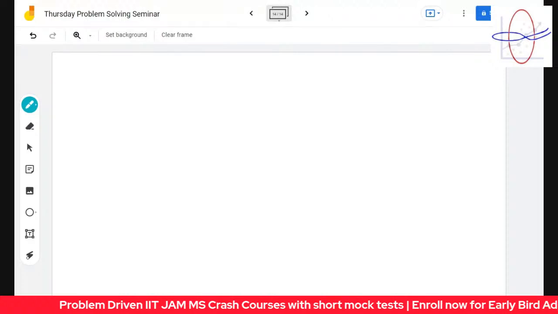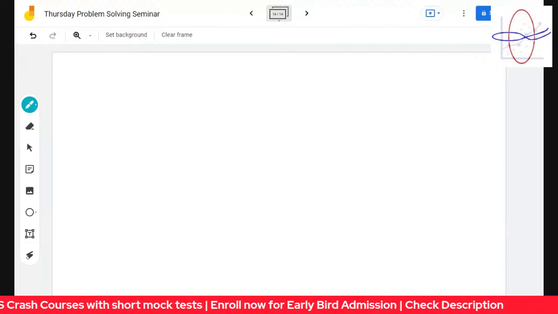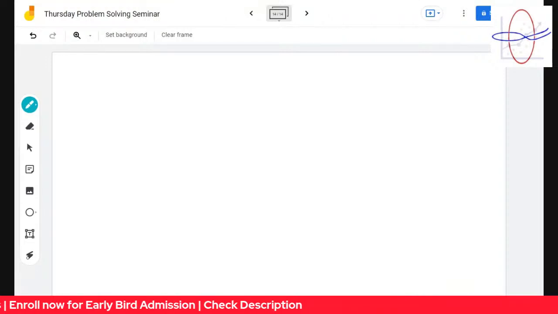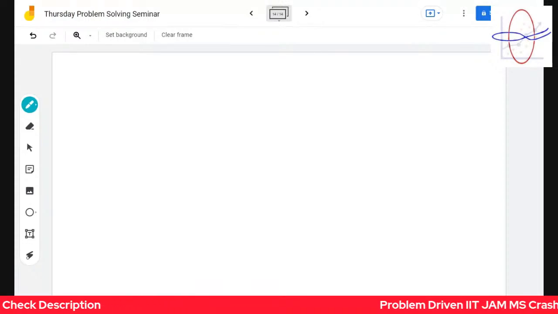Let's do some more joint variable problems so that you can become much more comfortable with joint variables. This is a really interesting problem. It's a combinatorics mixed problem.